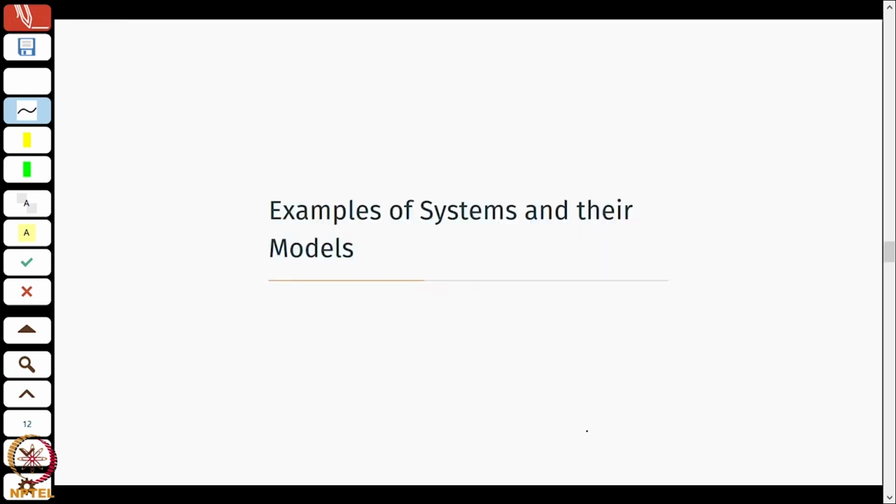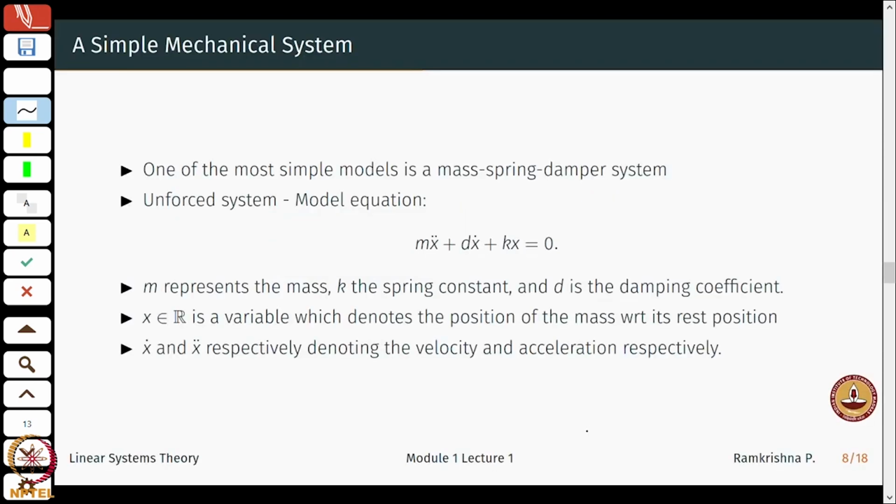Okay. So, let us do some very basic examples which you definitely would have done even in other control related courses. One of the simplest examples is any mechanical system, which will have a kinetic energy element, a potential energy element, say a spring, and some kind of friction in the system. Any mechanical system can typically be modeled in this way.